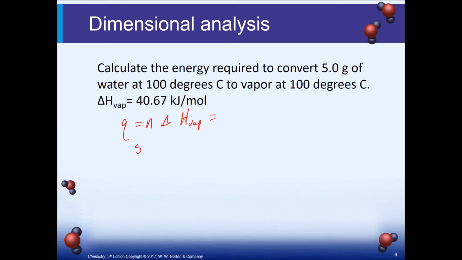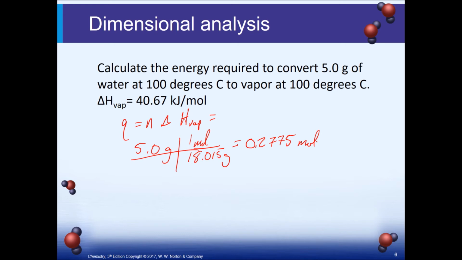So we could convert 5.0 grams using the fact that 1 mole of water is equal to 18.015 grams. Okay, and so that allows us to calculate that we have 0.2775 moles of water.